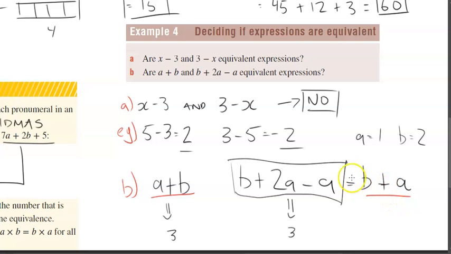Yes, it is. So in this case, yes, this is equivalent. It's not obvious, but it is equivalent.